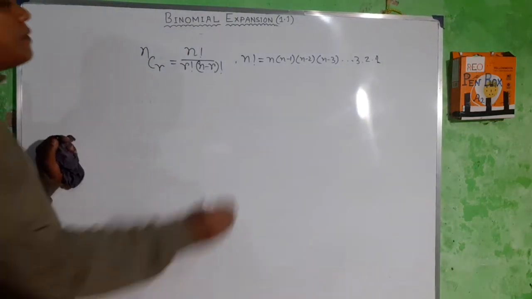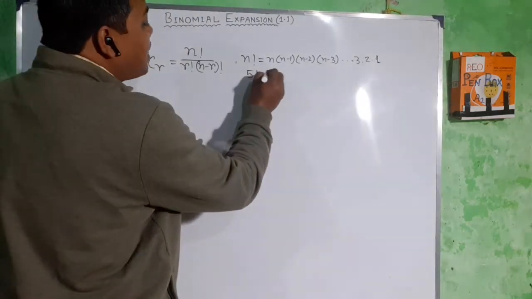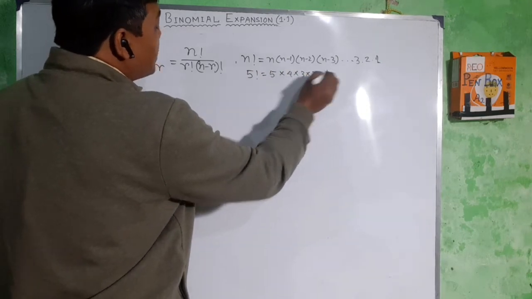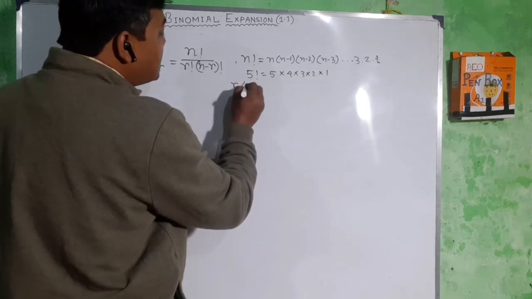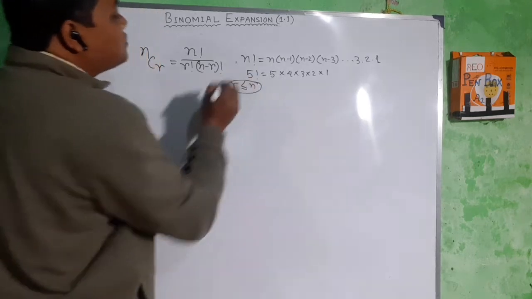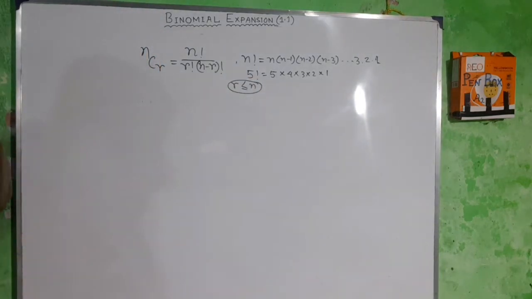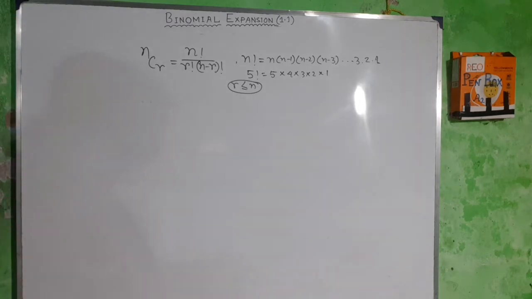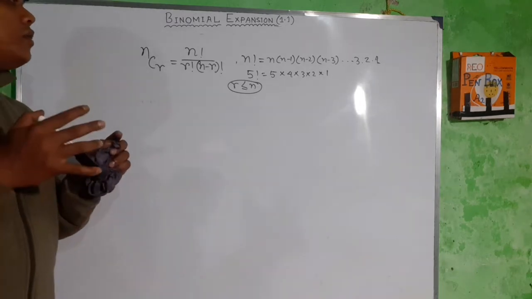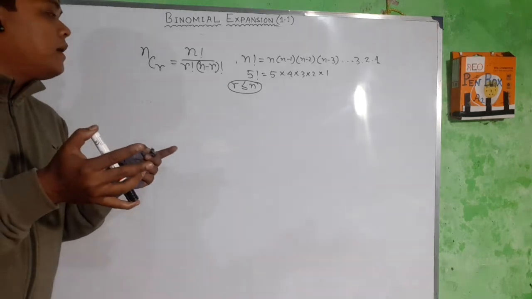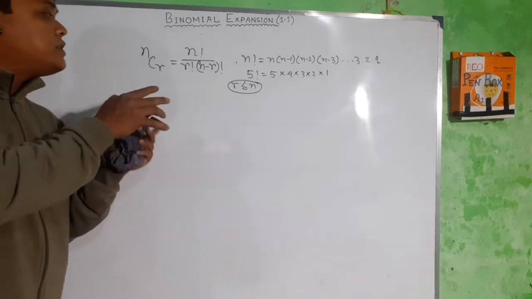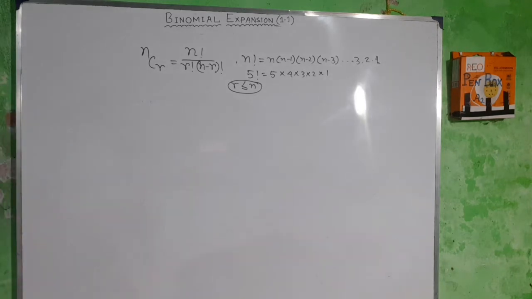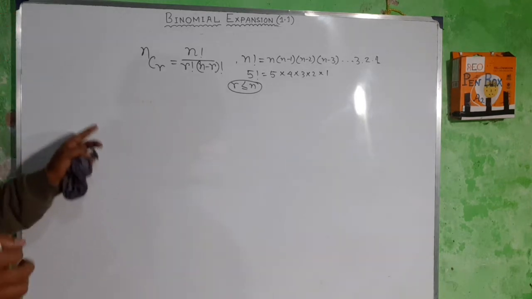For example, 5 factorial means 5 into 4 into 3 into 2 into 1, and of course r is less than or equal to n, subject to the condition. So this is nCr. Before doing the binomial expansion, we have to know about nCr, so I have written it here.